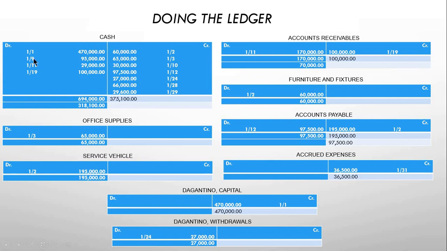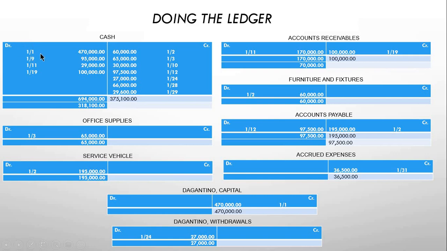Okay? So, we have here for cash. So, we listed all the transactions, all the amounts na dinebit natin si cash and kinredit natin si cash. Okay? Of course, nilagyan natin ng date para malaman natin kung kailan nangyari yan.